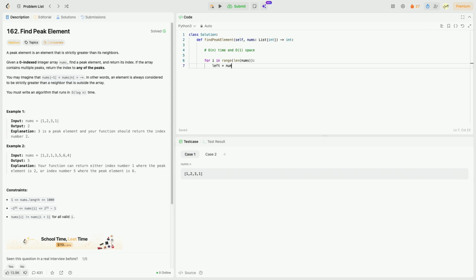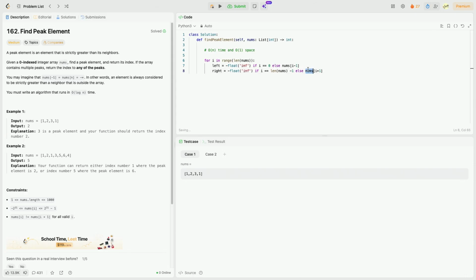Then we say the left value is nums at i minus 1. Well, actually it is float infinity if i equals 0, else it is the predecessor of i. And the right value is also float infinity if i is equal to len nums minus 1, so when we're at the last element.